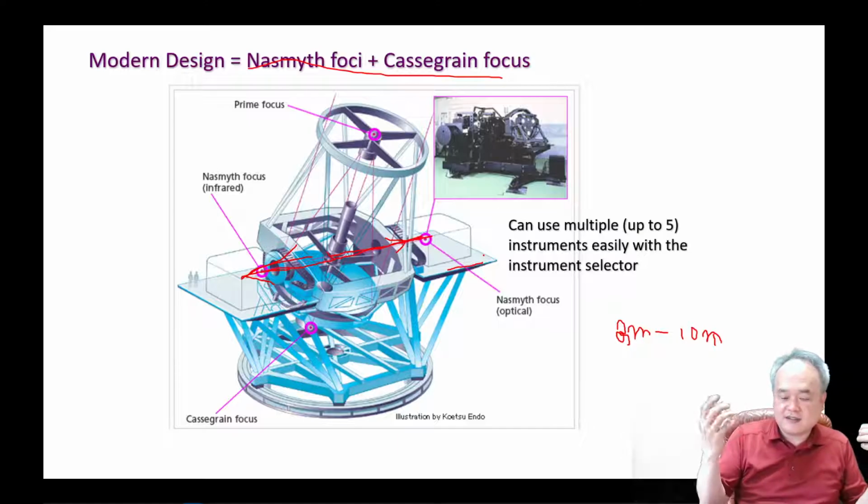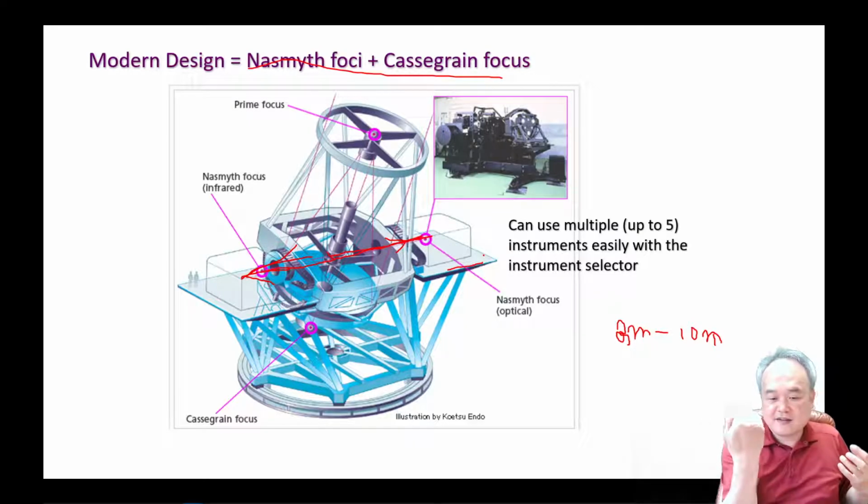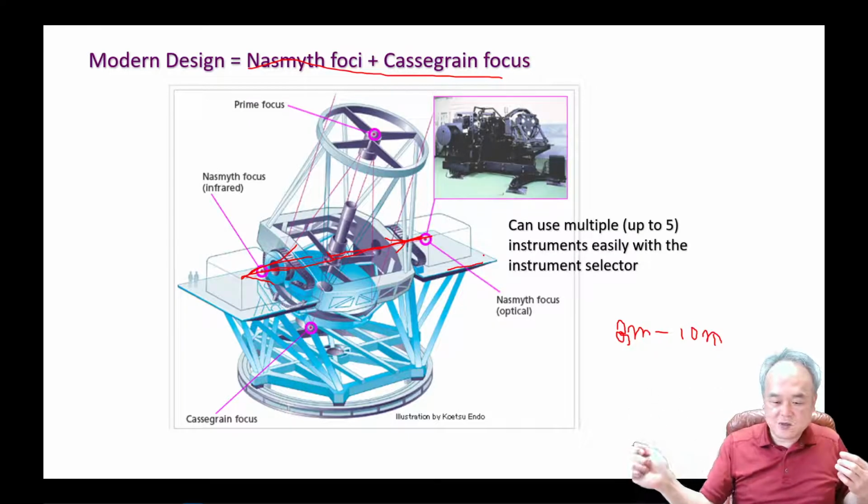Typically they designate them as Nasmyth focus A or B. So by rotating this single mirror, you can choose either instrument A on the A focus or on the B focus. At the same time, by removing this rotating tertiary mirror, you can obtain the Cassegrain focus as well.